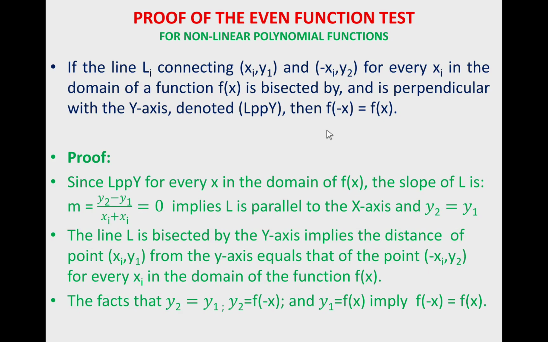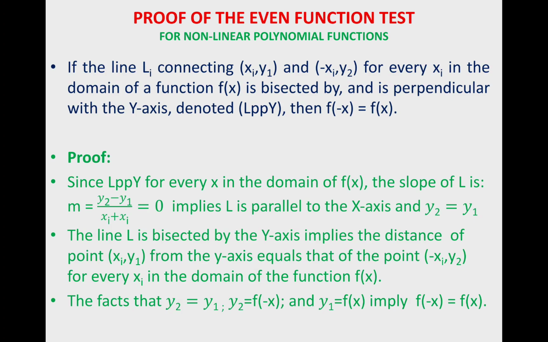Remember, we did not use the function f of x to prove that it is linear and even function, because f of x is not linear. When we talked about the linearity, we're talking about the 2 points that are on the function f of x.